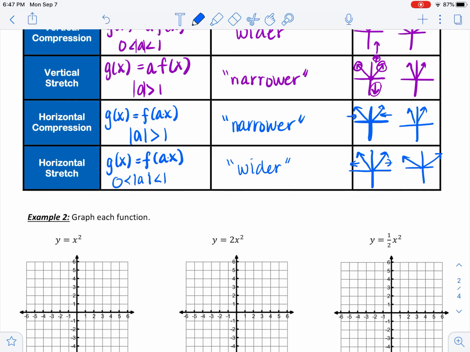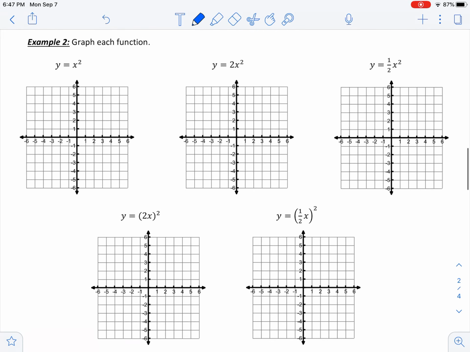Okay, so let's make sure, that was a lot of information here, that we can see what's what. So I did parabolas down here, quadratics, instead of absolute values. Okay, so here's what the parent looks like. Once again, it's really important to be able to say it in words. So I'll do it in words before we actually even draw it, and then we'll prove with numbers that it actually is what it is.